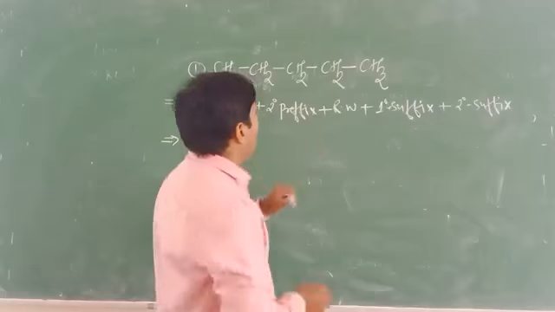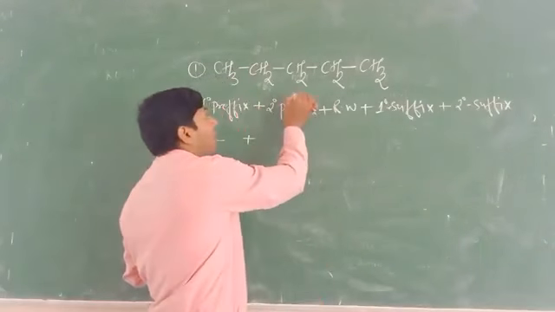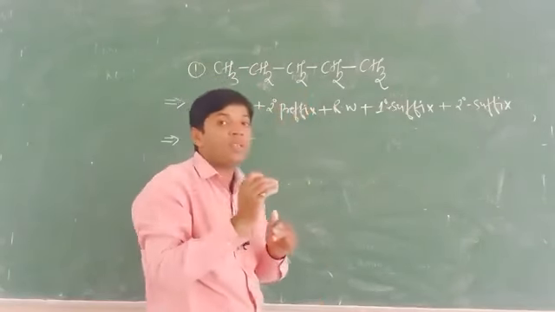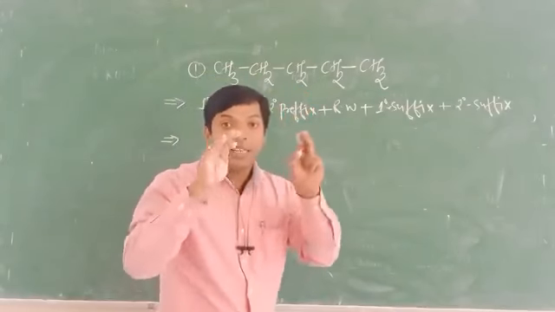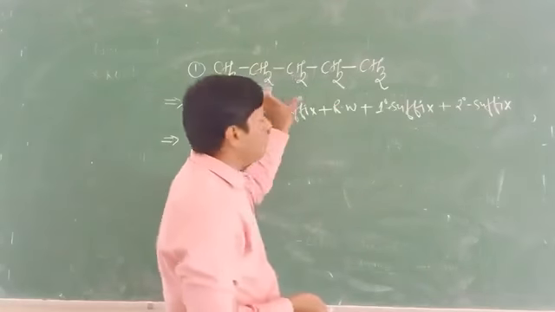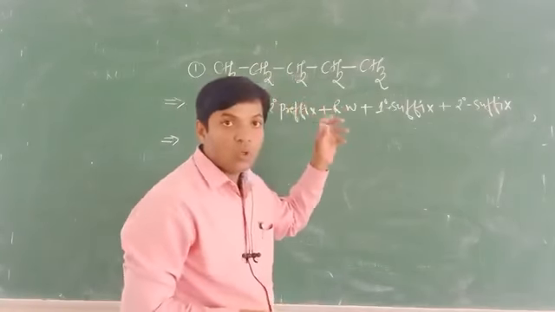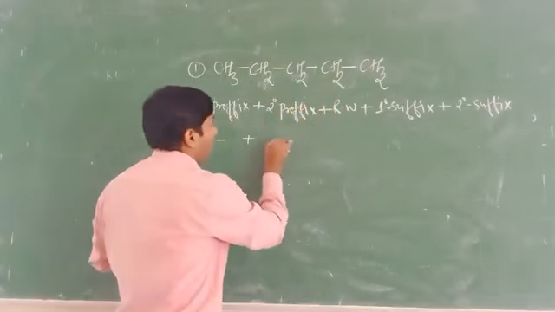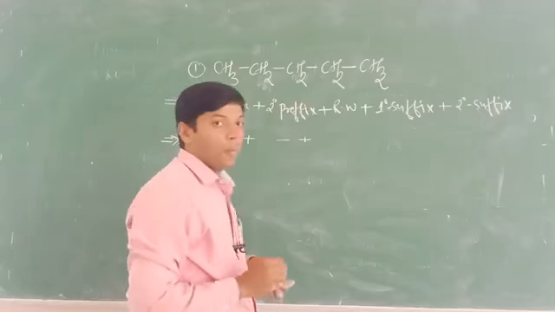Suppose this is the chain, and on that chain any other atom or group is bonded, or you can consider a branch. That branch itself is considered a substituent group. Is there any other atom? No. So here also I will put a dash, plus root word.